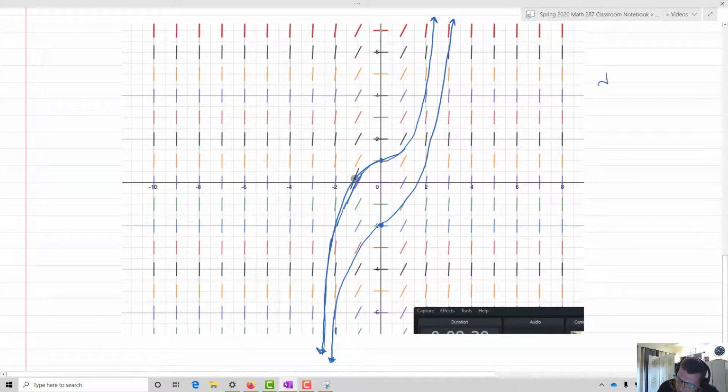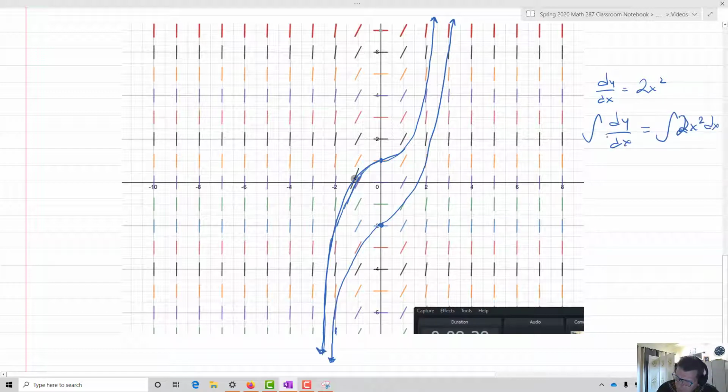In fact, if I took dy/dx equal to 2x squared and take the integral of both sides, then I get y equals 2/3 x cubed plus c. You can tell that that's a cubic function, and that's exactly what those solution curves look like.